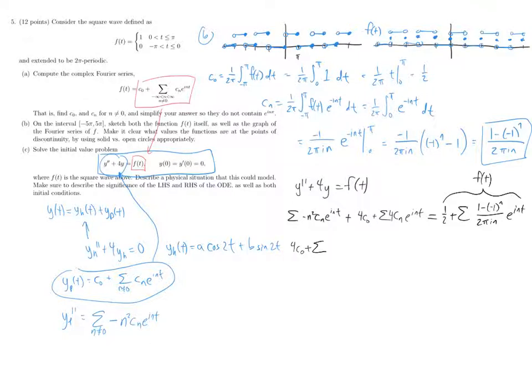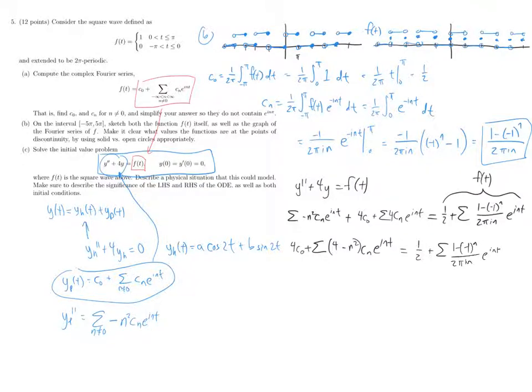So now we have 4 minus n squared cn e to the i n t equals 1/2 plus basically the same thing here. Do we need to rewrite it? Yeah, let's do it: 1 minus negative 1 to the n over 2 pi i n e to the i n t.